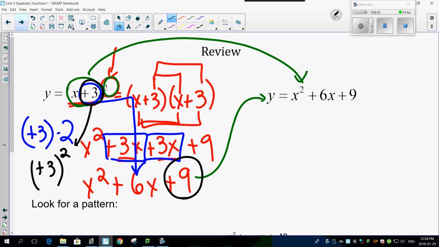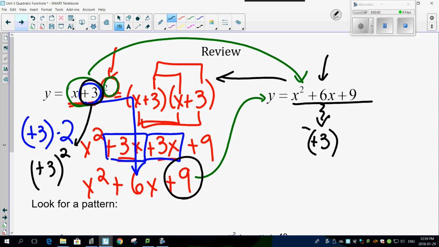Isn't that cool? So can we go backwards? What if I gave you this? Well, certainly. How did we get this? We got it from doubling. So in fact, I can take this and divide it by 2, instead of doubling it, do the opposite because I'm going this direction now. Divided by 2, and I get a positive 3, which we're going to refer to as the magic number.